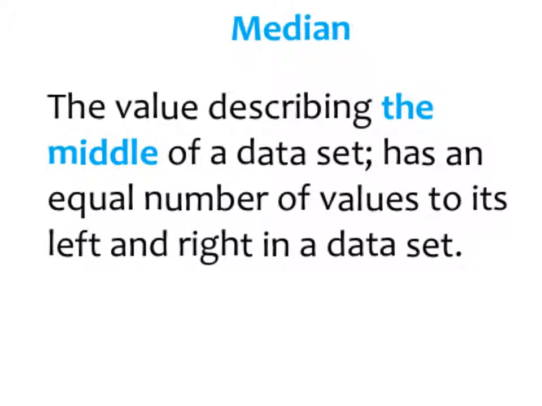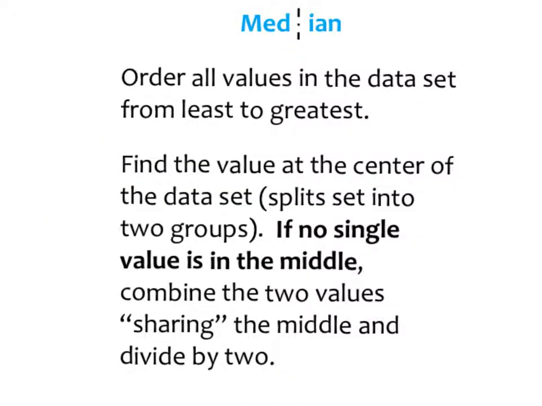The median. Again, the median describes the middle of a data set. It'll have an equal number of values on the left side and on the right side. How do I find the median of a data set? I order all the values in the data set from least to greatest.